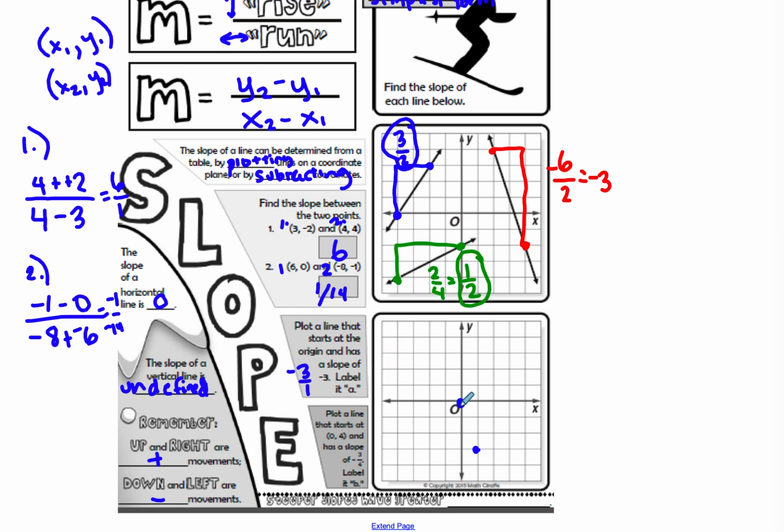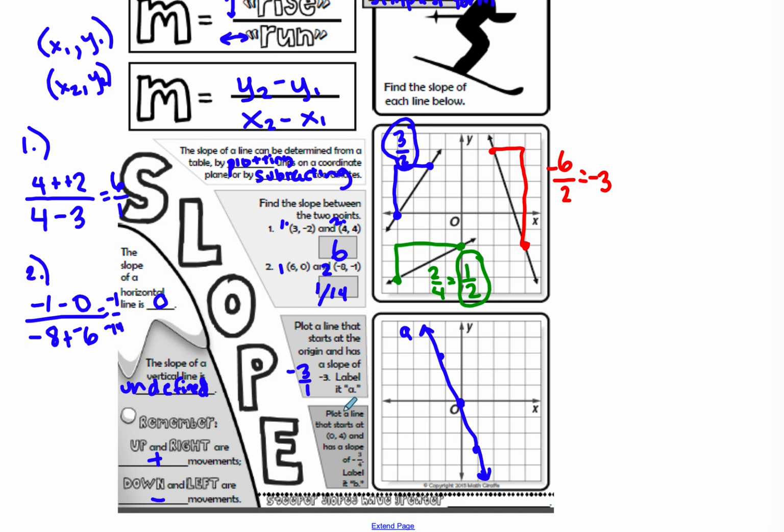Okay, so those are the 2 points for my line. Now I could go the opposite direction. I could go up 3, 1, 2, 3, and to the left 1 if I want another point. As we draw lines, it needs to be a straight line. It needs to go through the entire graph space. So this is my line A.